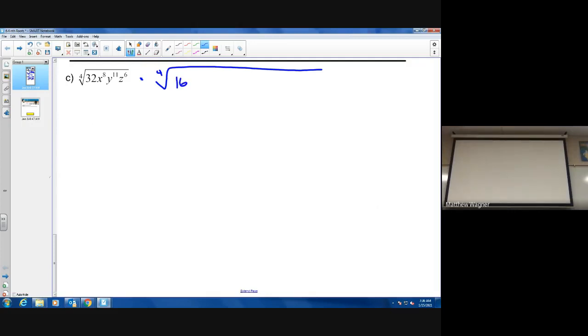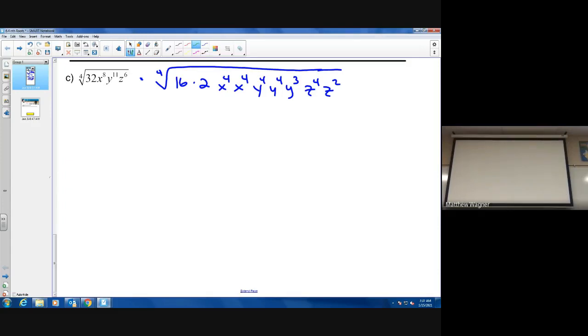I know that 16 is 2 to the 4th. 2 times 16 is 32. I have x to the 4th, and x to the 4th is x to the 8th. I have y to the 4th, y to the 4th, and y to the 3rd is y to the 11th. And then I have z to the 4th, and z squared is z to the 6th.